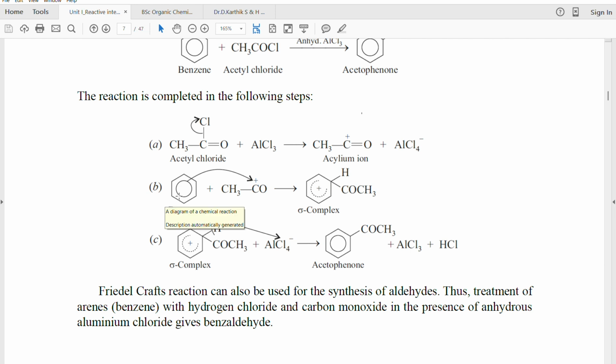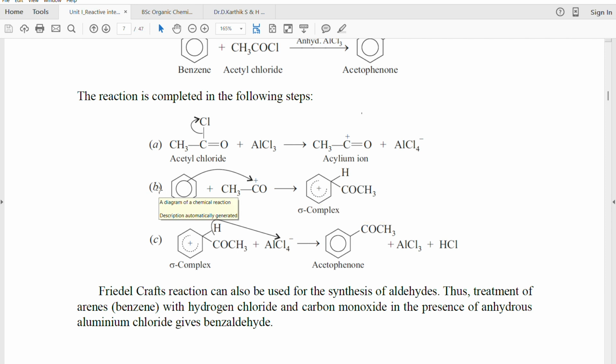And step 2, this acylium ion is attacked by the benzene ring, and this will be stabilized by the resonance structure, that is the sigma complex. This we will see in the last unit, unit 5. We will see it in detail in the aromatic substitution reactions, the mechanism and the resonance structures.